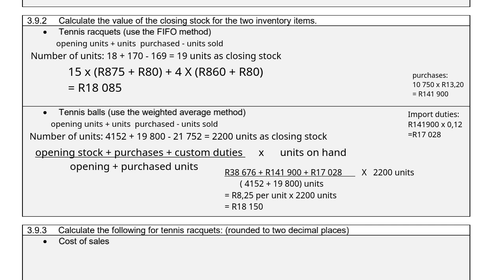Our purchases is 141,900 that we just calculated, and our custom duties is the 17,028 Rand that we've just calculated. We divide that by our opening stock and purchased units to get 8 Rand 25 cents per unit. We times that with 2,200 units that's on hand to get 18,150 Rand.